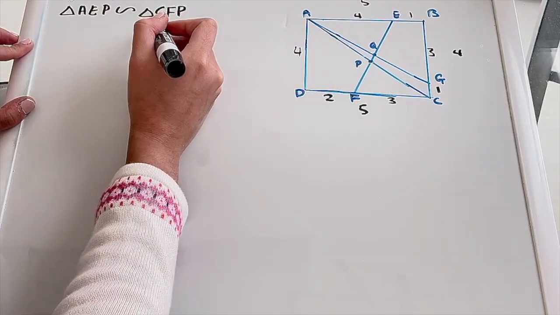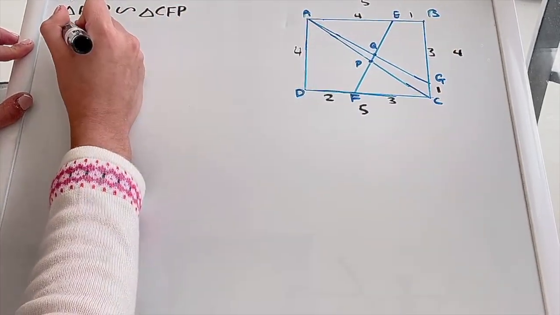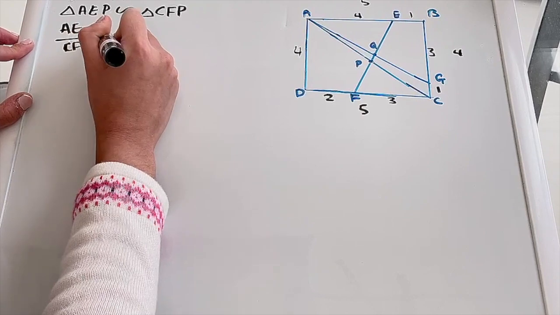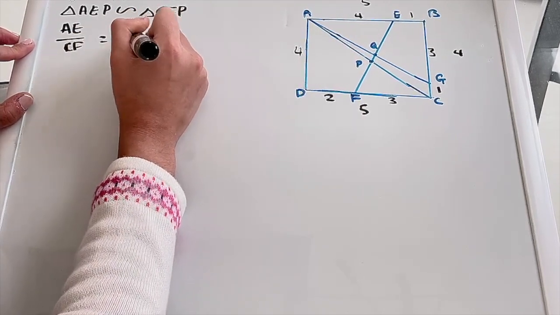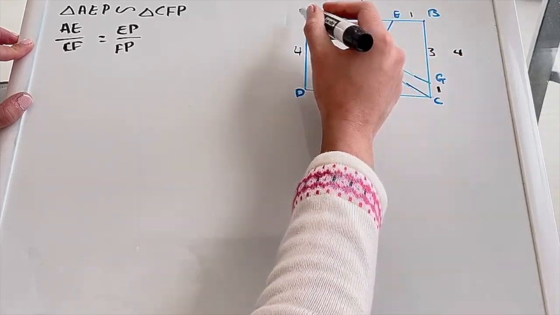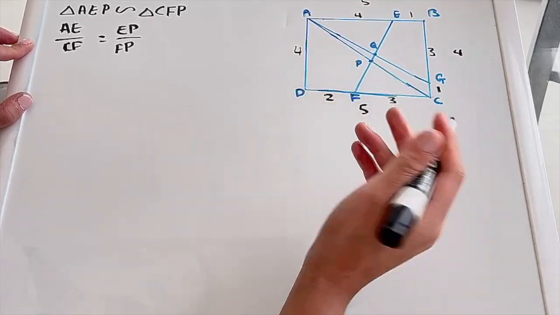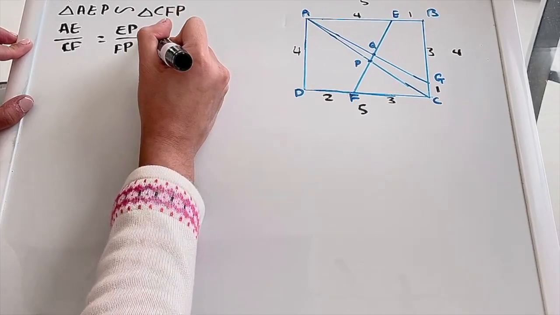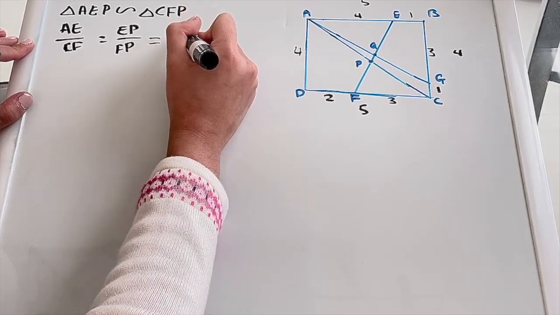So the ratio would equal AE over CF, and this is equal to EP over FP, because the sides are similar, and the ratio will be 4 over 3.